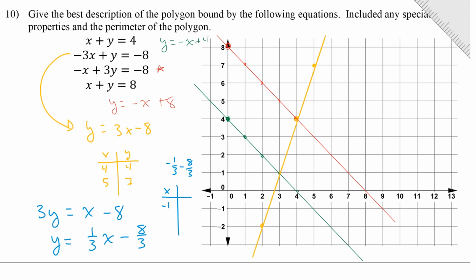Oh, this is beautiful, because -1 and minus 8 is -9/3, which is -3. So when x is -1, y would be right here at -3, and I just have that point on the graph.